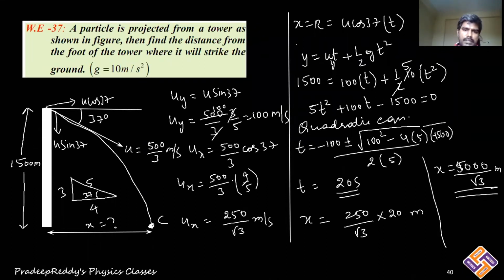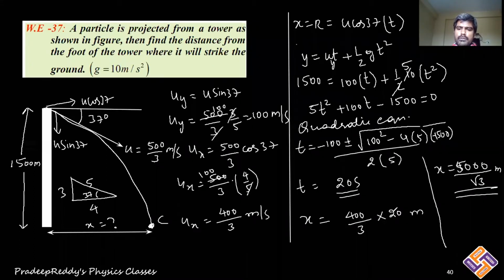I'm sorry, this is 100, so 400 divided by 3 meter per second. Often in a hurry, I make such silly mistakes. Kindly excuse me. Now you can take x is equal to 400 divided by 3 into 20.